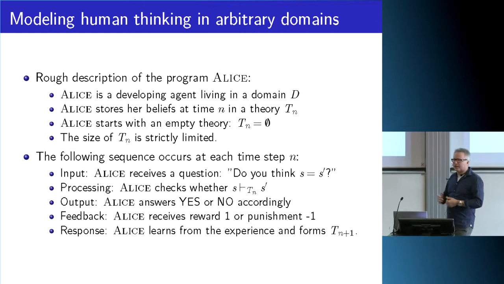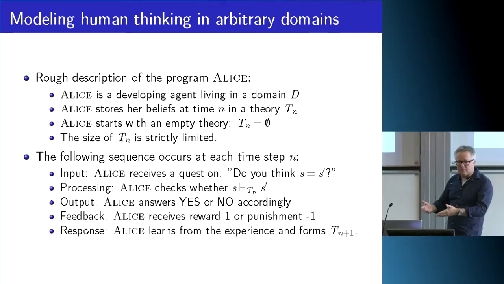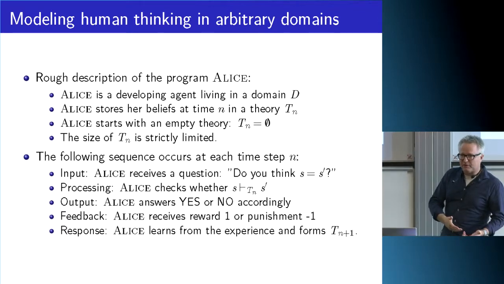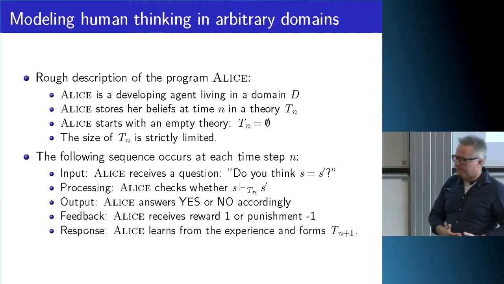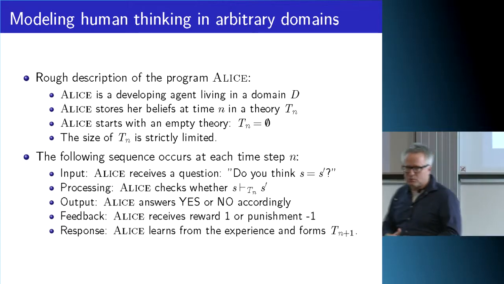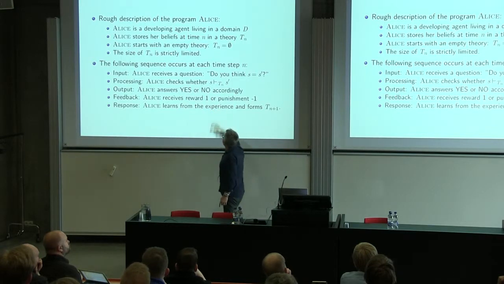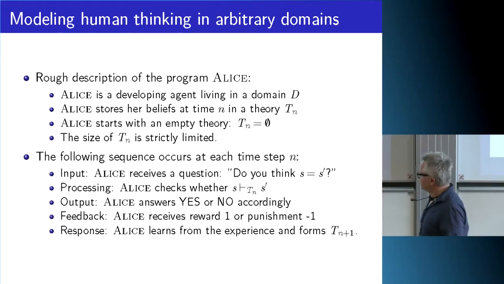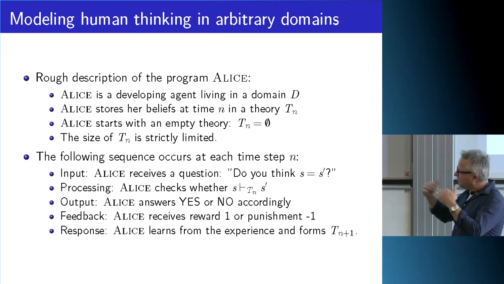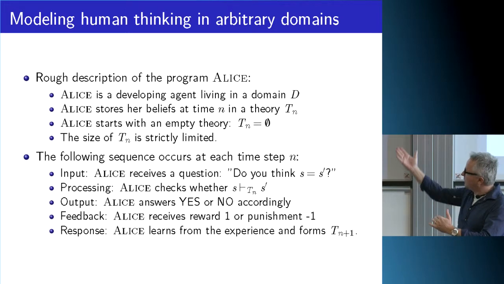And then Alice will try to compute an answer, and then get feedback from the environment, depending on if she's right or wrong. But how does she compute? Well, she checks whether S prime follows from S using her present set of beliefs. And then she answers yes or no, depending on how that goes.